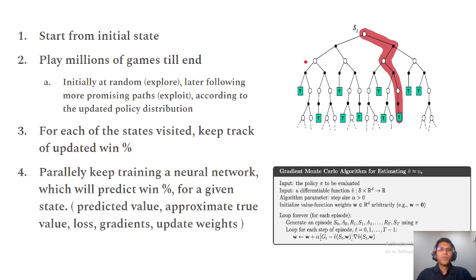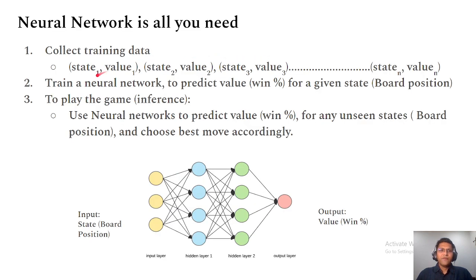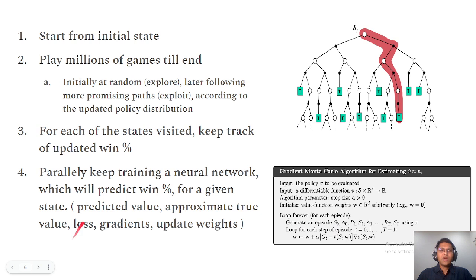So we have to look at efficient ways of training the neural network and collecting the training data. It's not like we randomly collect some state and value pairs and train the neural network. So let us look at some of the efficient ways and how to go about it.